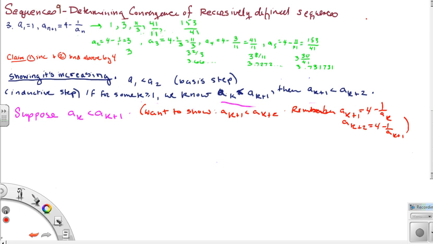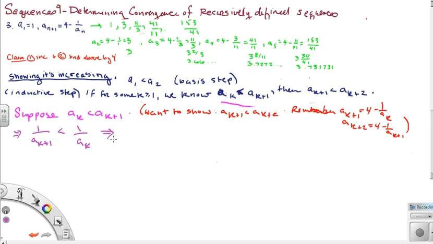So let's go back to this. Okay, so we're assuming ak is less than a(k+1). So that's going to imply then that 1 over a(k+1) is less than 1 over ak, right? You divide by a bigger number, you get a smaller thing than if you divide by a smaller number. This is assuming they're positive, but at this stage we've got it positive.